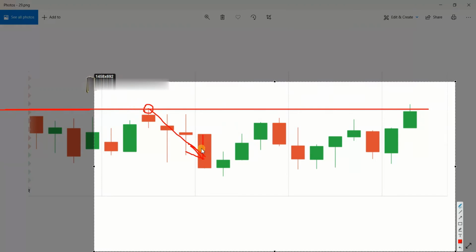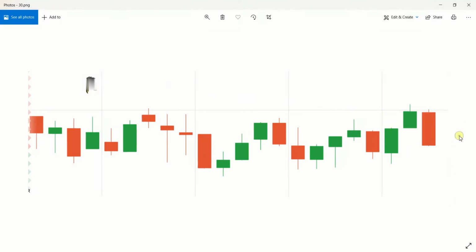You can see very strong sellers, and also this whole area is a level, and it is also a round number. There is a rejection from the sellers, so we can be sure that the sellers will enter here. So we can go with the sellers here confidently, and you can see they enter the market very strongly and confidently.